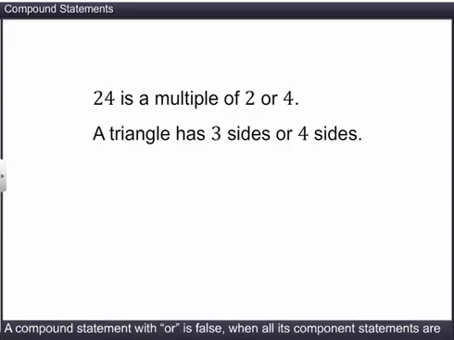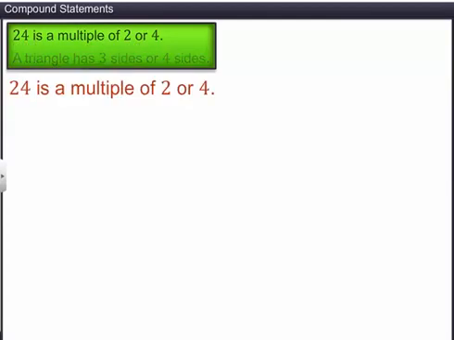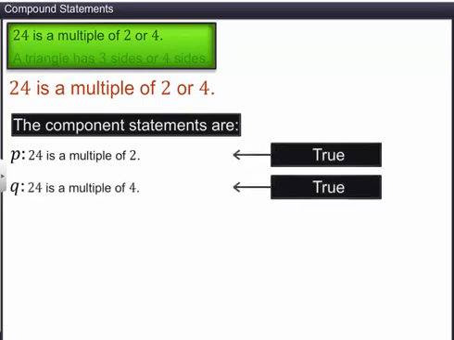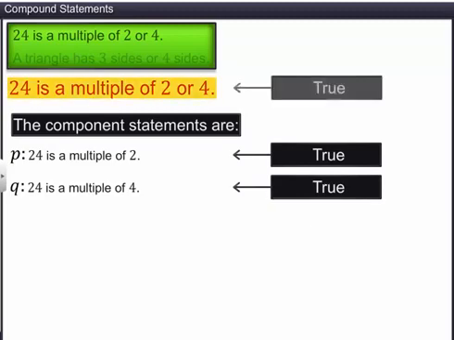Let's begin with the first statement. 24 is a multiple of 2 or 4. First, break the compound statement into its component statements. Here both the component statements are true. Therefore, the compound statement is also true.